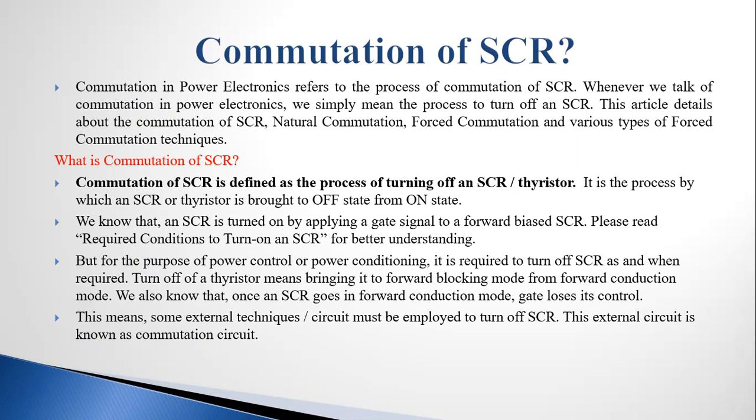Generally we can say that commutation means off. Commutation means turning off the SCR. Commutation in power electronics refers to the process of turning off the SCR.